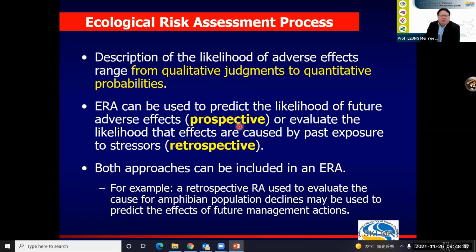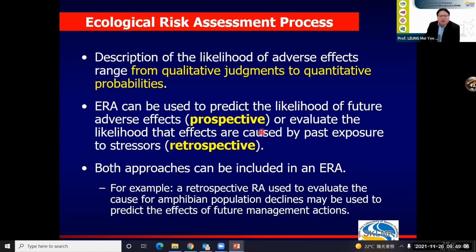For example, for prospective one, maybe a company wants to launch a new chemical product, and then we want to test whether this product is safe to the environment and human health. And then we will judge whether this product can be launched to the market.